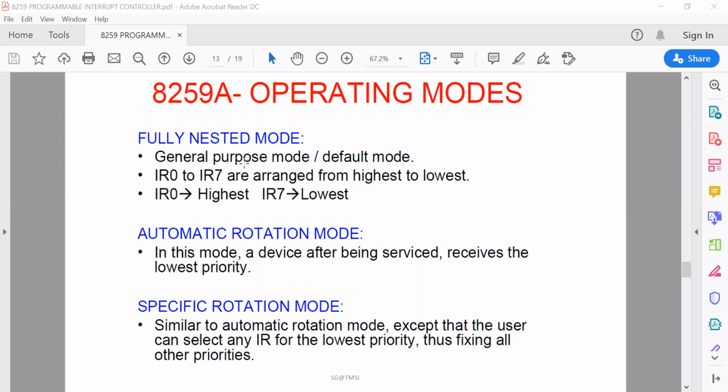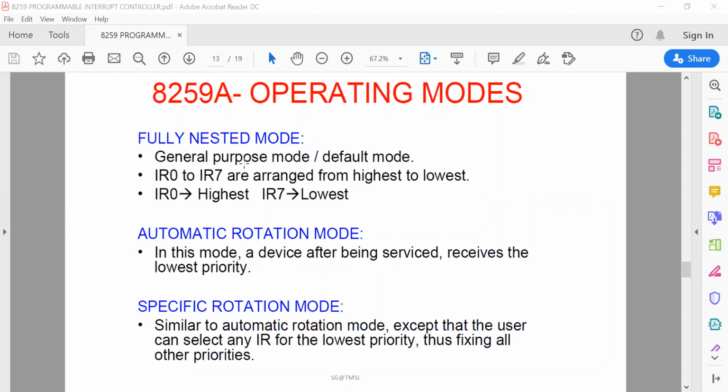I have not discussed the individual format of ICW1 or ICW2 or ICW3, 4. If you have any textbook, you can check it from there. ICW1 and 2 have certain bit combinations, and each bit has a specific function.